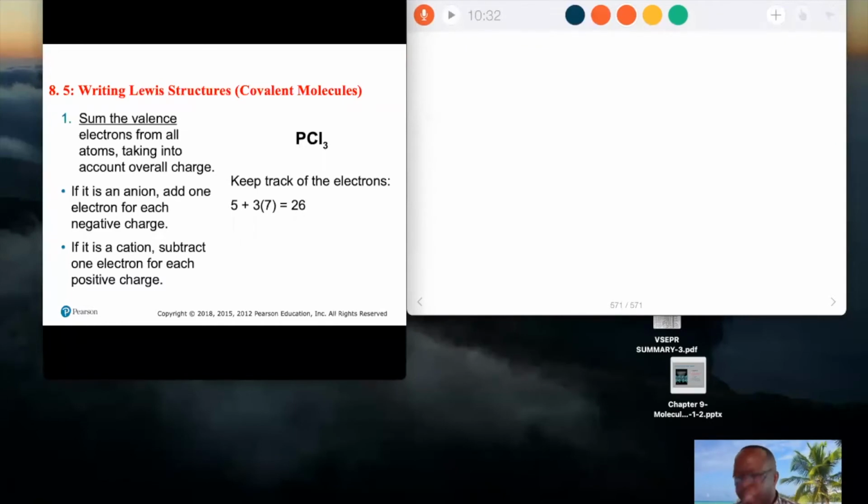So once you figure out the total valence electrons, check if it is a polyatomic ion. Look at what you do with the anion. Add 1 electron for an ion. What does that mean? Let's say, for example, I do have a carbonate ion like that. I want to show you what you do with an overall charge. You will say carbon is in group 4, oxygen is in group 6.